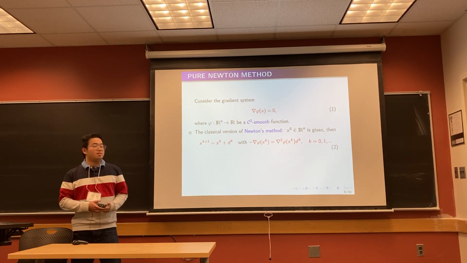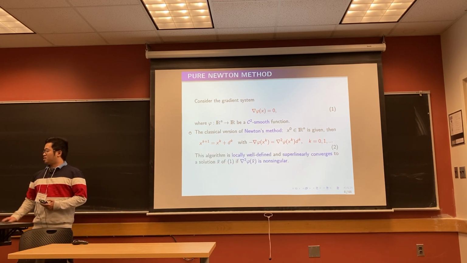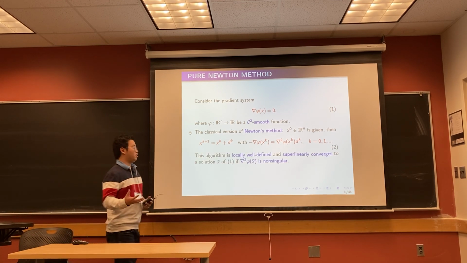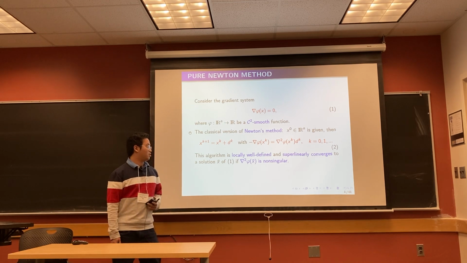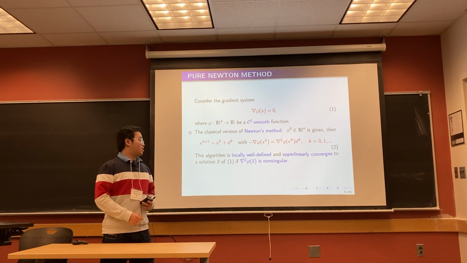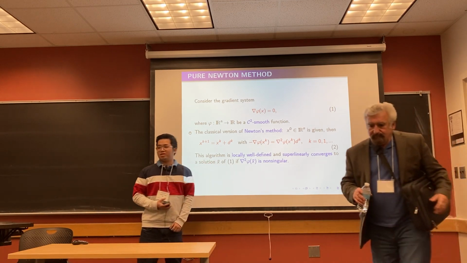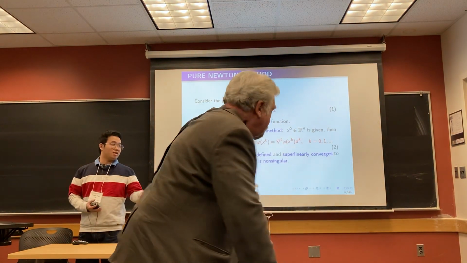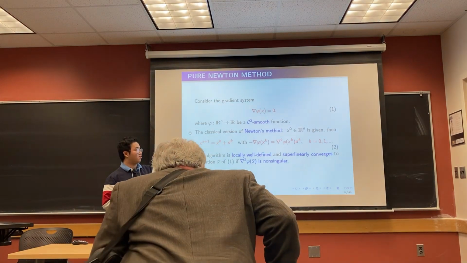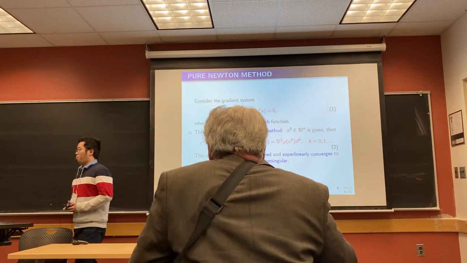In classical analysis, this algorithm is locally well-defined and superlinearly converges to a solution x bar if the Hessian matrix at the solution is not singular. In this case, we have the convergence of this method.